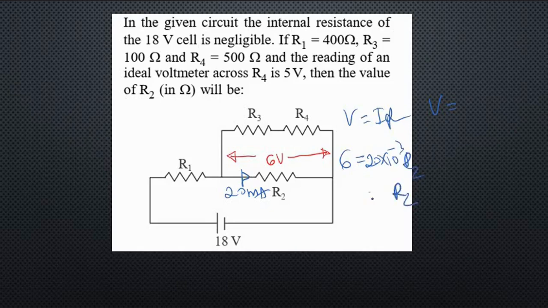So R2 will be 6 divided by 20 into 10 to the power minus 3, which is 600 divided by 2, that's 300 ohms. So R2 is 300 ohms, right?